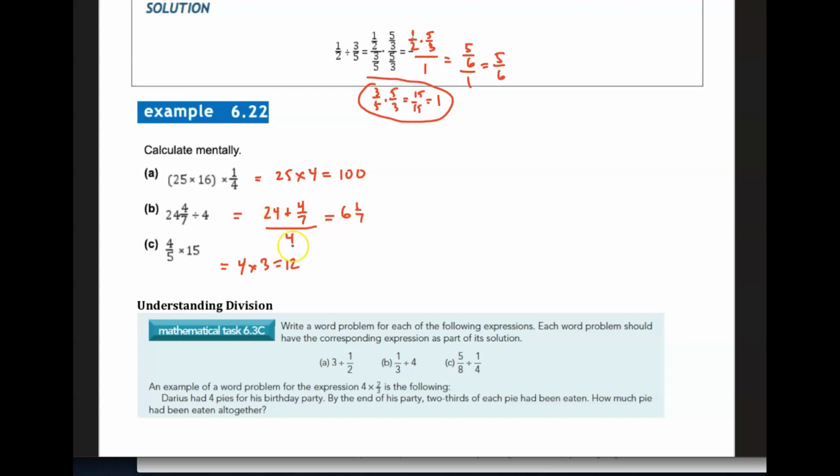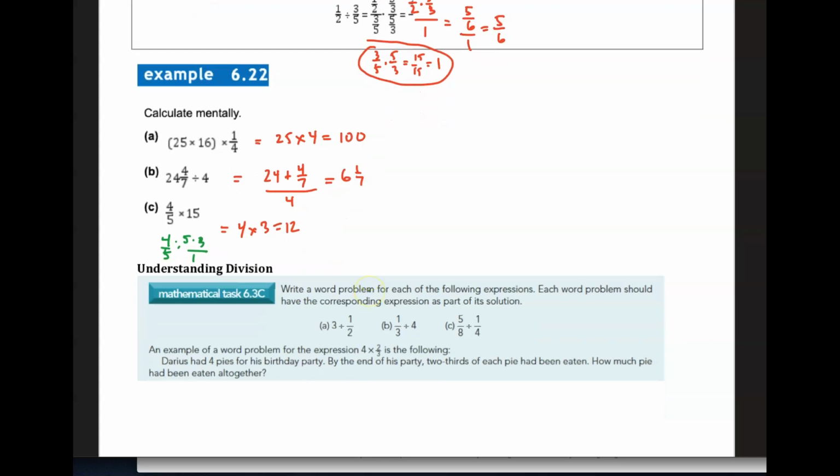So that's your 6, and then 4/7 broken into 4 groups is 1/7. And here I turn the 15 into 5 times 3. If you look carefully, it becomes times 5 times 3 over 1, and then you can see those 5s become a 1. You just end up with 4 times 3.